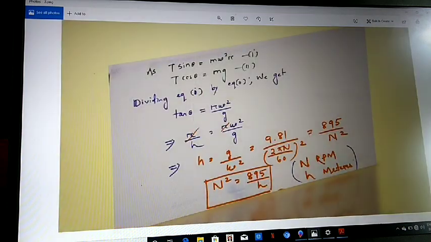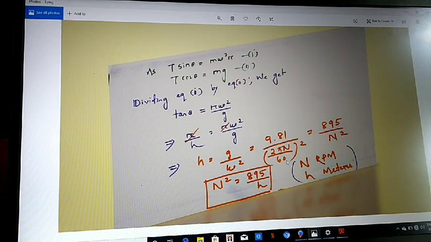Put down the value of R by H here. So R by H is equal to R omega square by g. Now H is equal to g by omega square, cancelling R from both sides. Here g is 9.81 meter per second square, divided by (2 pi n by 60) whole square, that is equal to 895 by n square.